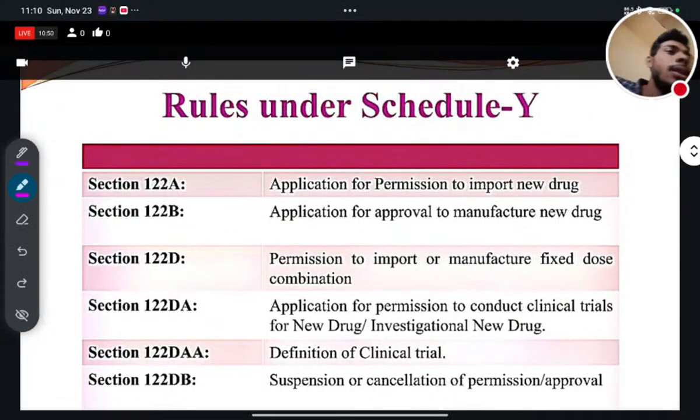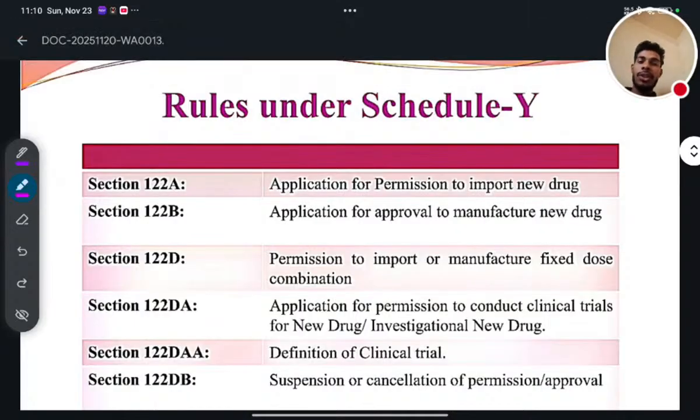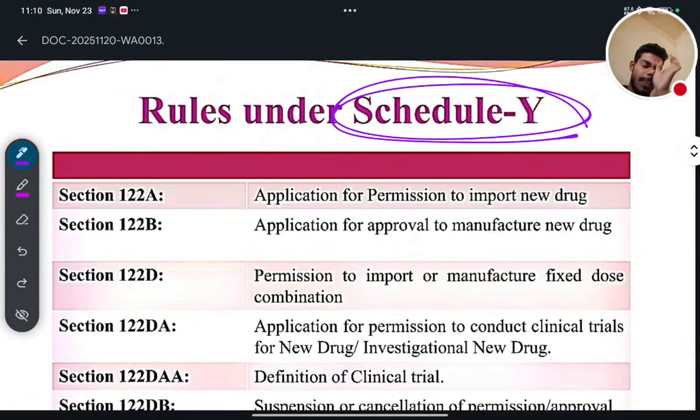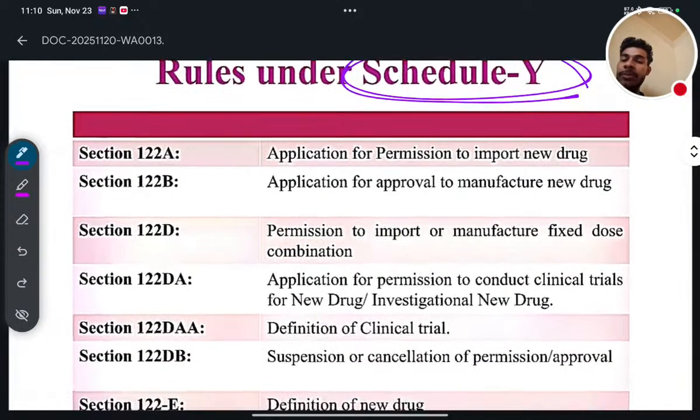This Schedule Y, that is clinical trials, is very, very important, and you have to remember it. You have to understand and remember the most important points in it. First of all, Schedule Y is related to clinical trials. I told you a few minutes ago. In that you have to remember all the sections.